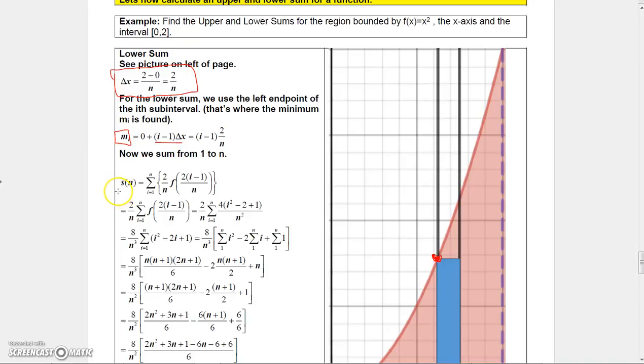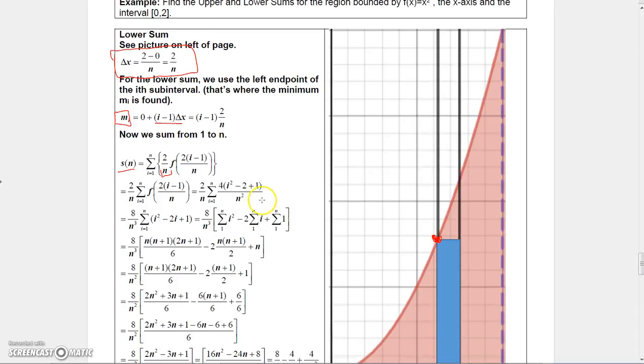To get this lower sum, I'm going to have to sum all of those rectangles, and each rectangle is going to have width 2 over n, and height f of 2 times i minus 1 over n, where i runs from 1 to n. By letting i run from 1 to n, we're adding up all of the rectangles, and there are going to be n rectangles.